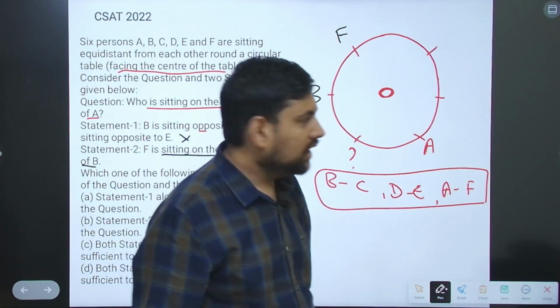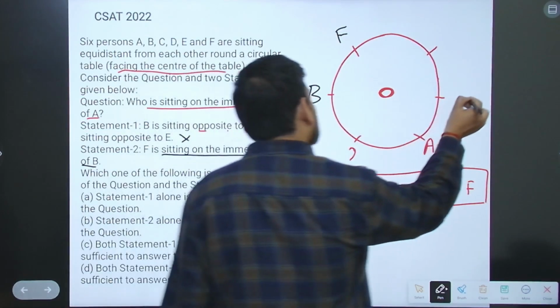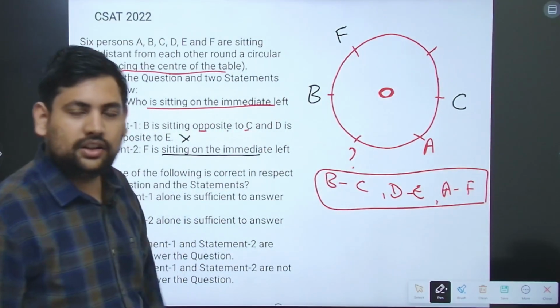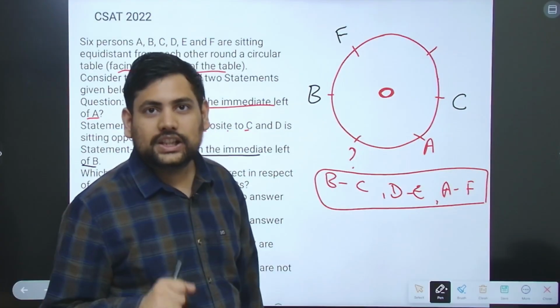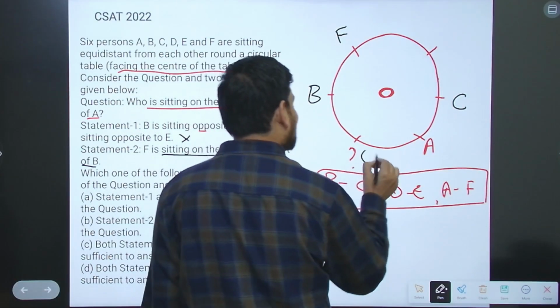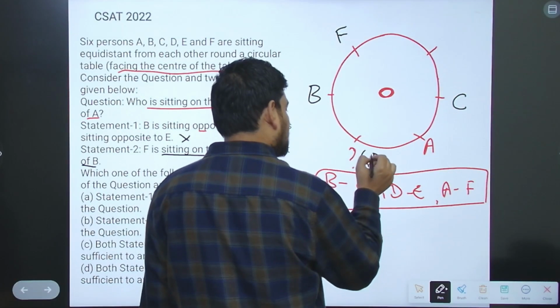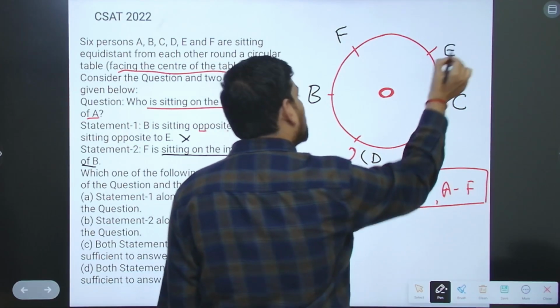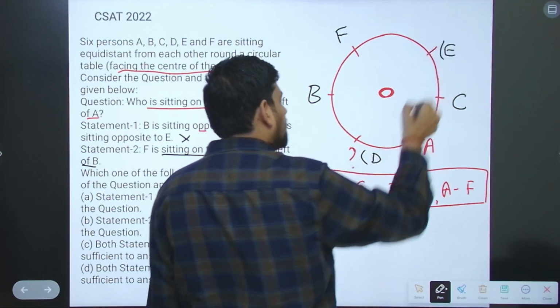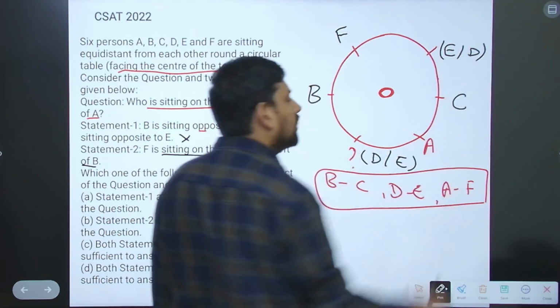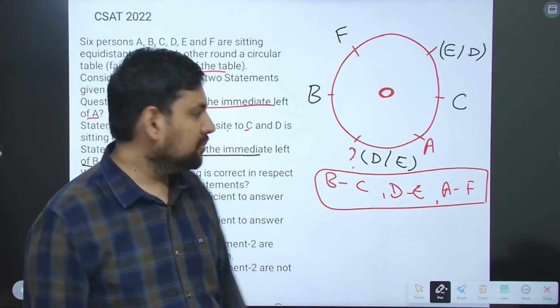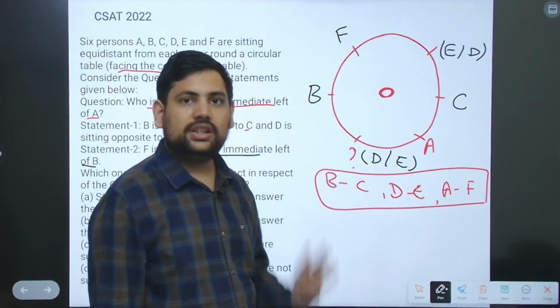So this becomes B, and then you clearly know this would be C. Now can you tell who will be here? Still you can't tell. Why? Because either here I have D and here I have E, or I have E here and D here. So still you have two possibilities.